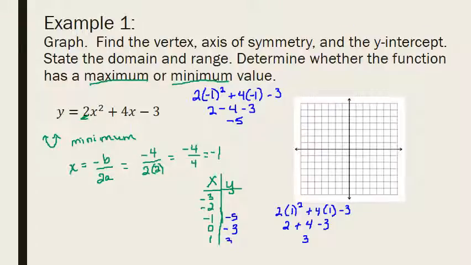All right, now this XY table is symmetrical. So right here I got negative 5, negative 3, and 3. Well, the negative 3 is going to match up with the negative 2, and the 3, the very last one, is going to be the top one. And now we plot those points. Negative 3, 3.